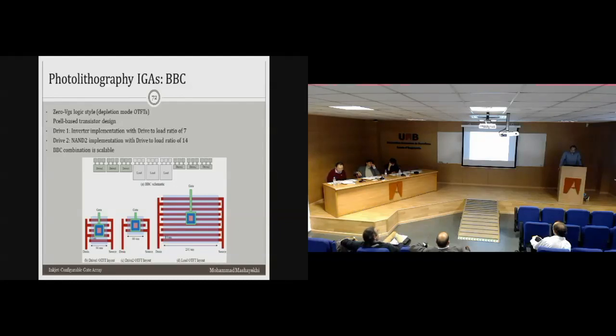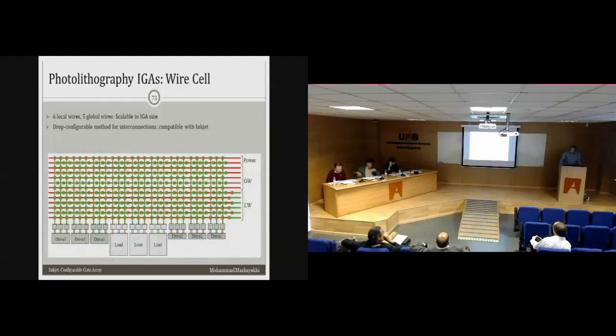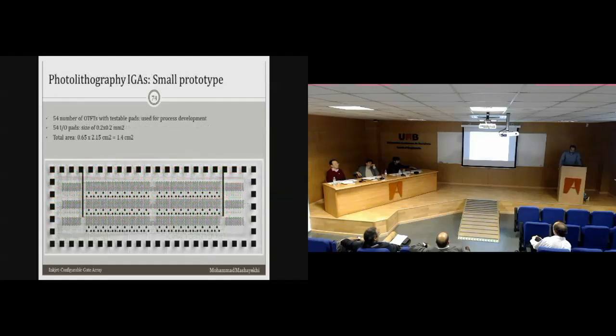This combination, for example 333 here, is scalable according to IGA size. And this is the wire cell built of 4 local wires and 5 global wires, and it is scalable, obviously. We also use the drop configure method for interconnections in order to use inkjet for customization.